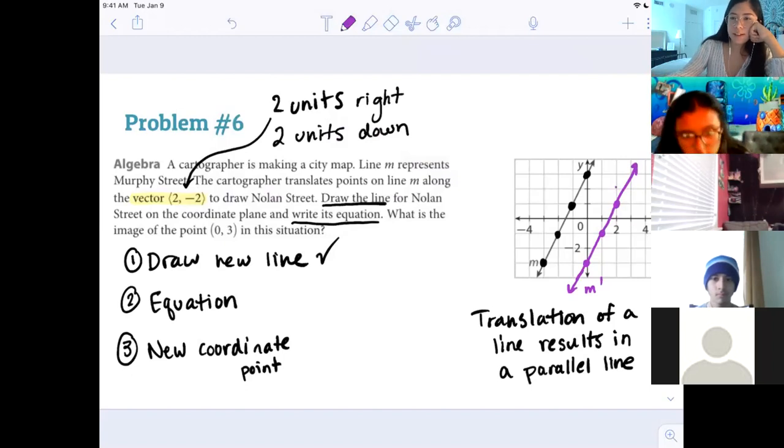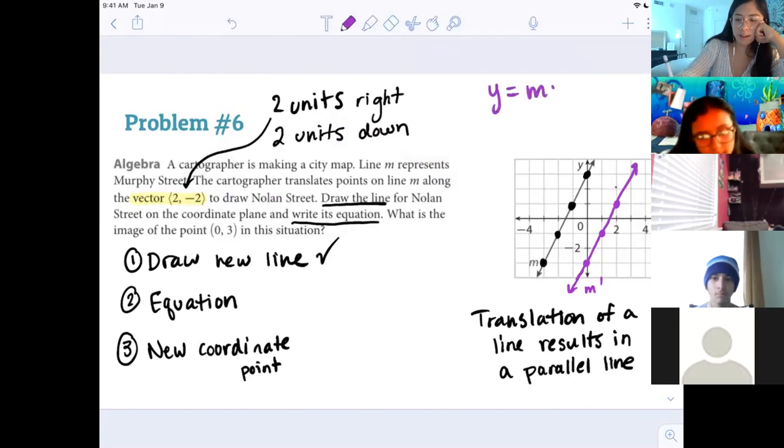Okay, good. Janelle's got it. y equals mx plus b. What does the m represent? Slope. What does the b represent? Y-intercept.